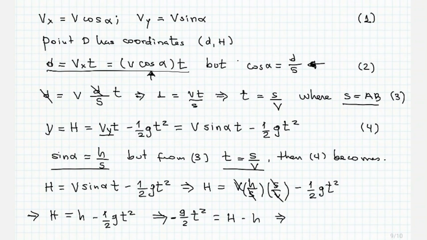It's like I multiply both sides of the equation by -1, and I will have gravity dividing by two, times square, equal to h minus h capital.